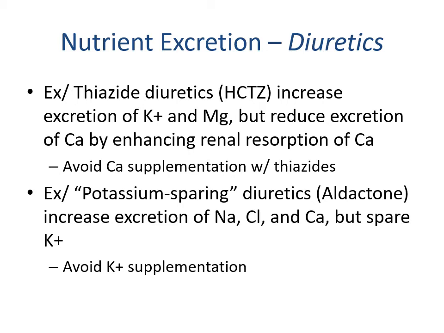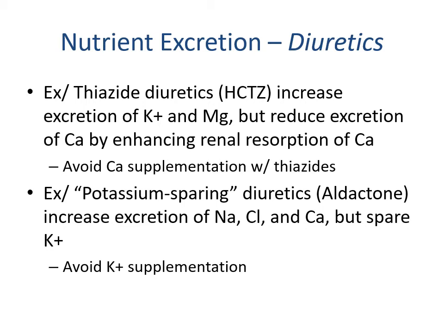On the flip side, we have thiazide diuretics, such as hydrochlorothiazide. These increase the excretion of potassium and mag, but reduce excretion of calcium by enhancing renal resorption of calcium. So we would actually want to avoid calcium supplementation with thiazides. There are also potassium-sparing diuretics, such as Aldactone.